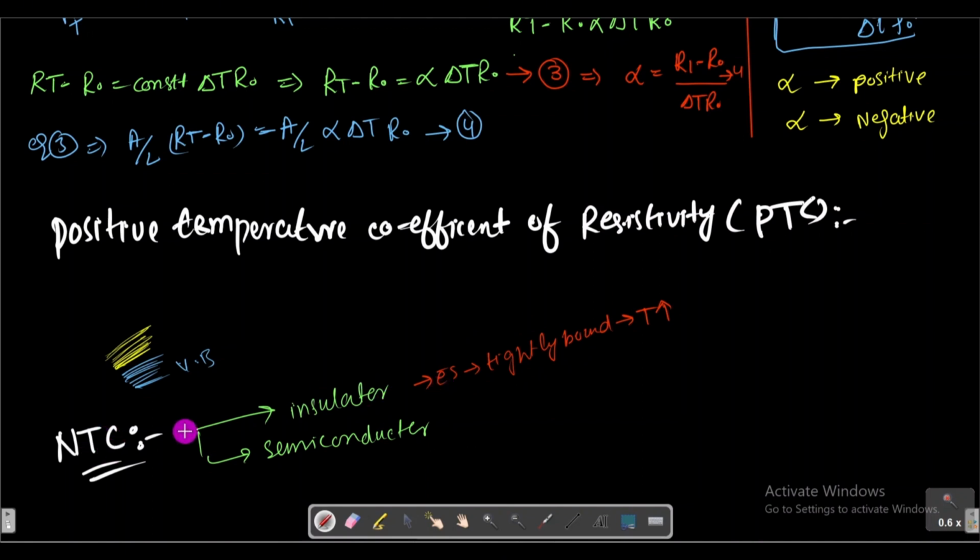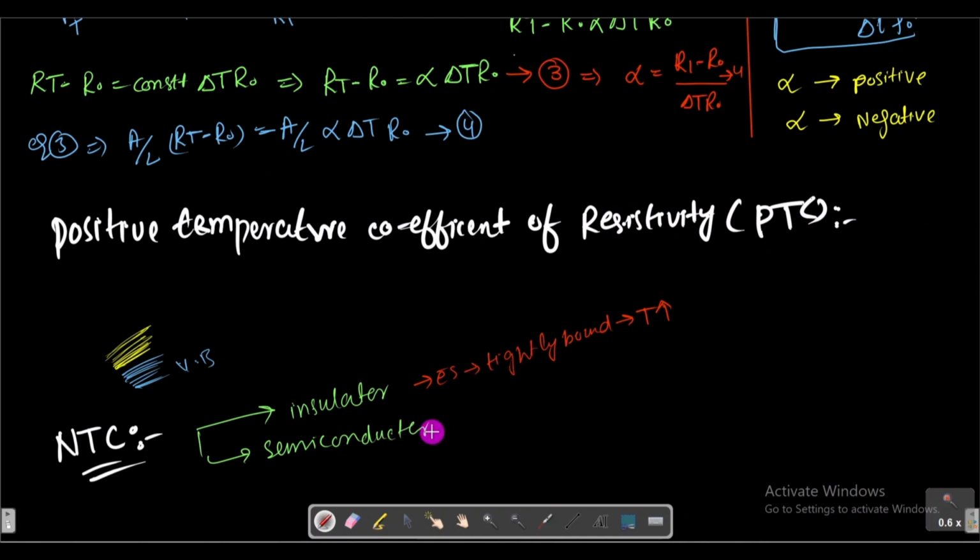So the insulator has negative temperature coefficient because its resistivity decreases with increasing temperature. Similarly, the resistivity of the semiconductor also decreases with increasing temperature.